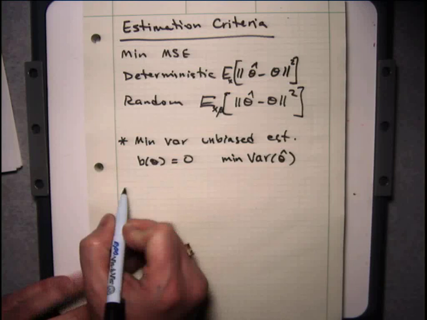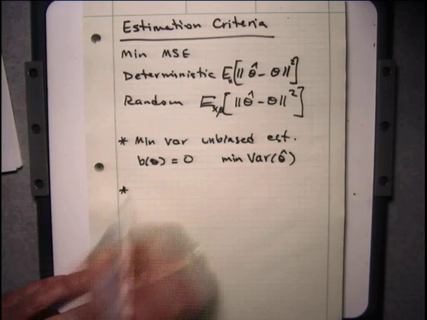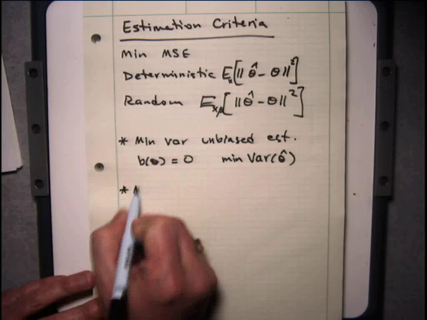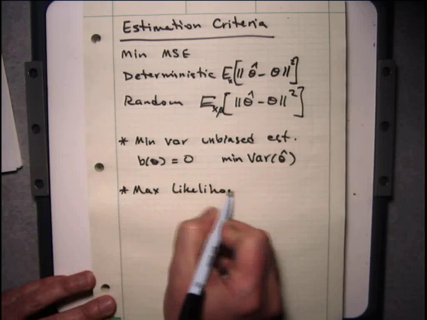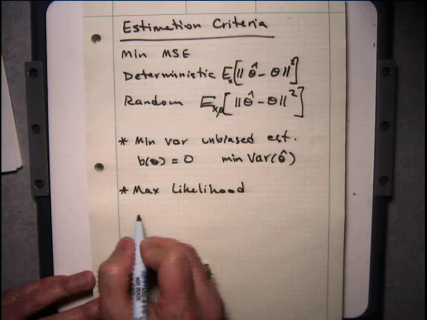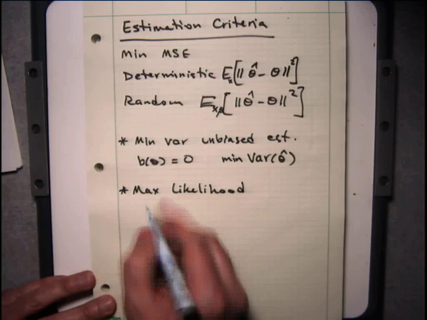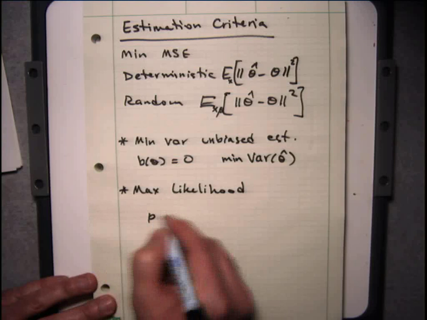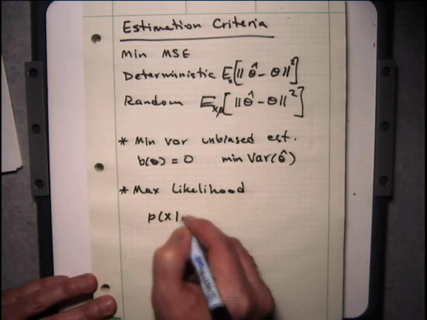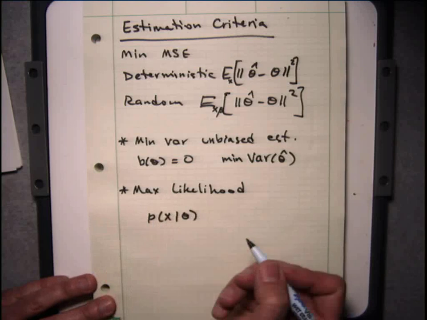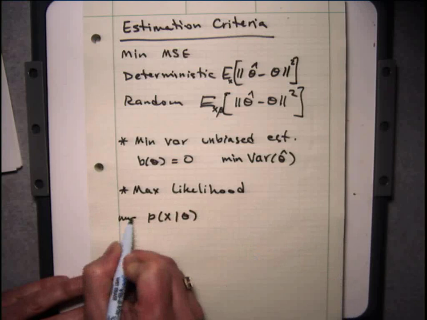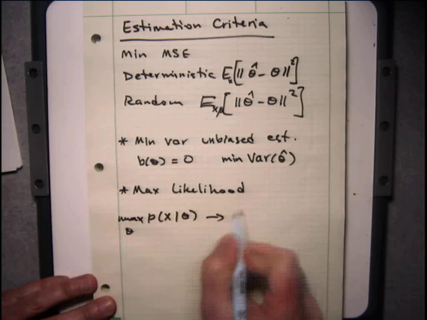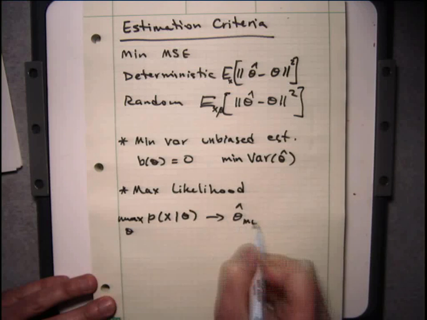So another approach that we took, which was much more mechanical, much easier to carry out, was the maximum likelihood. And the idea behind maximum likelihood was that you would take the PDF of the data given the unknown parameter, and you would maximize this over theta. And this would give you the ML estimate.